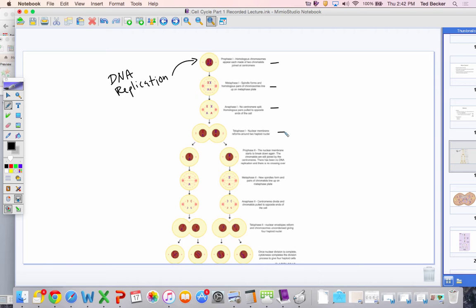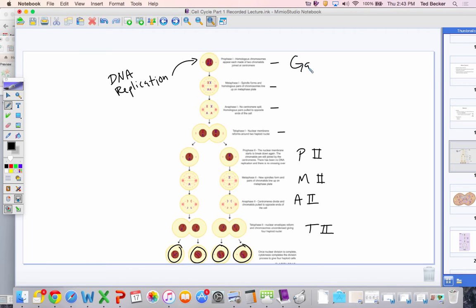So then it's meiosis 2, and you have prophase 2, metaphase 2, anaphase 2, telophase 2, and another cytokinesis. And in meiosis, you get 4 haploid cells in the end. So these are your sex cells.